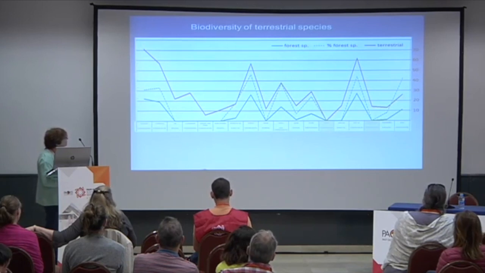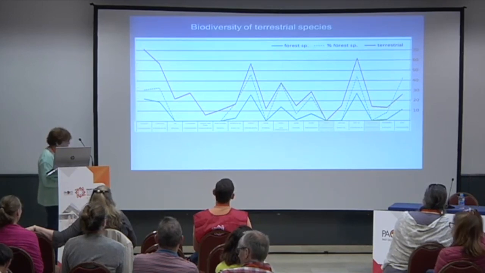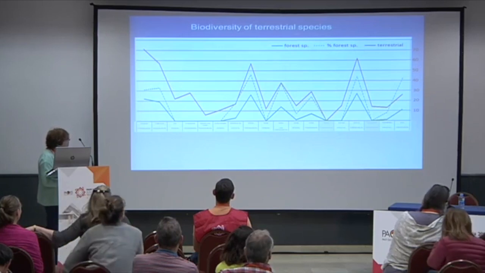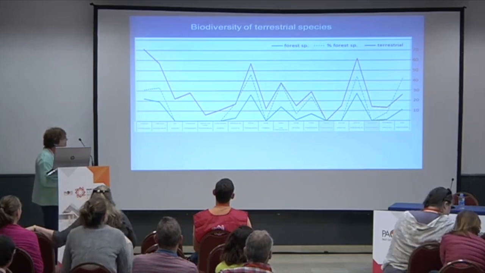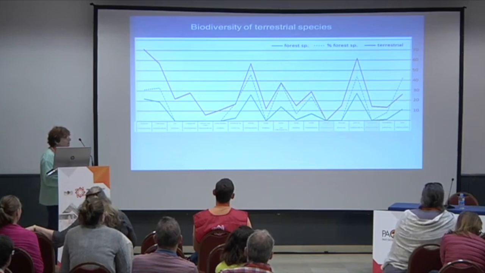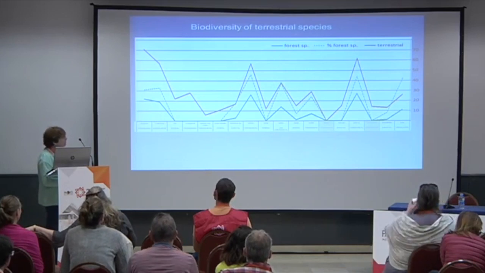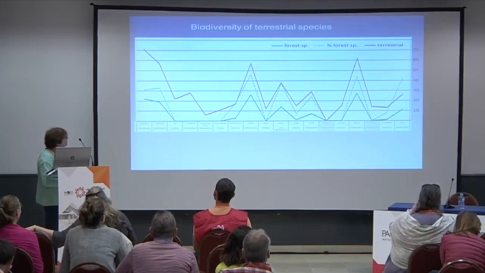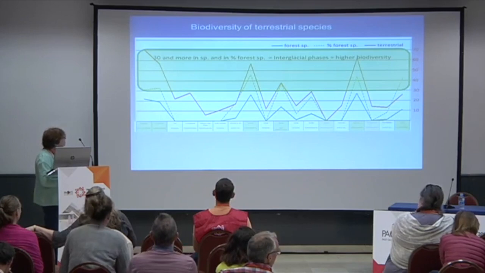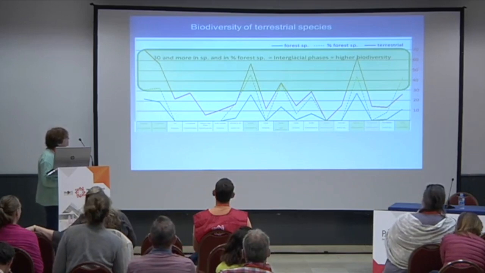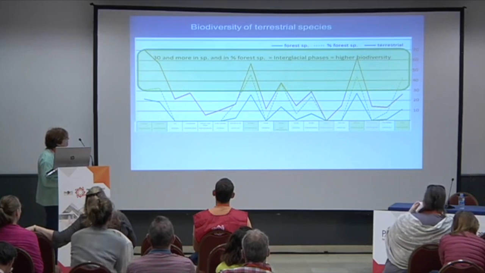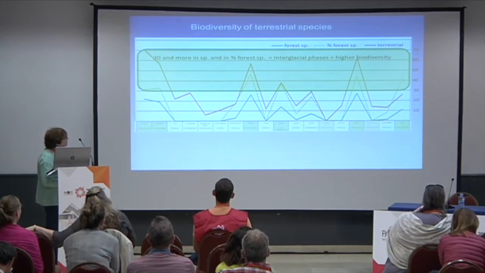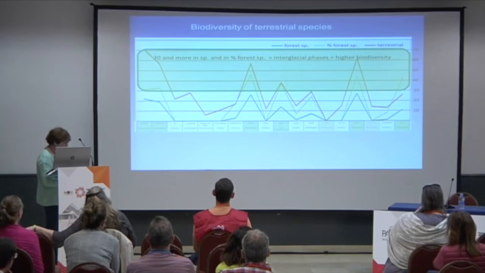Biodiversity of land snails is interesting also to consider by extracting the forest species, because forests are the most diversified group among snails. So here the curves show that when you have more than 30 species and a high percentage of forest species, you are always in interglacial periods.